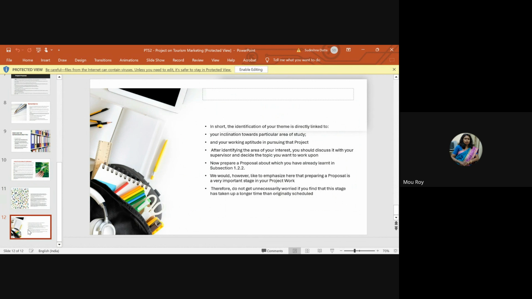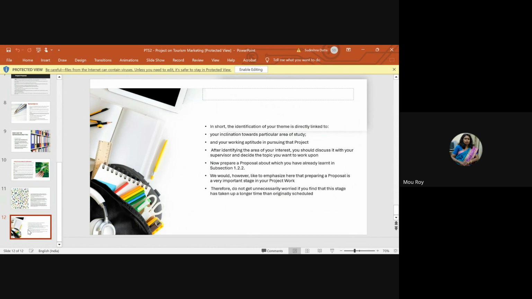Now prepare a proposal, which you have already learnt in the subsection I have given. We would, however, like to emphasize here that preparing a proposal is a very important stage in project work. Okay, that is very important. Therefore, do not get unnecessarily worried if you find that this stage has taken up a longer time than originally scheduled. Don't panic. Before starting a work, it would take some time.